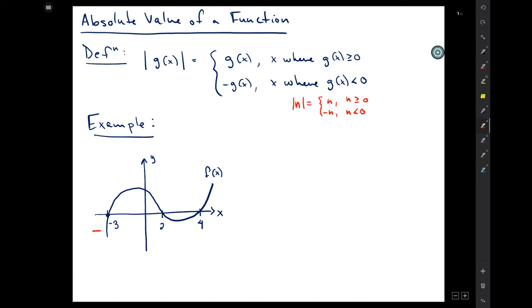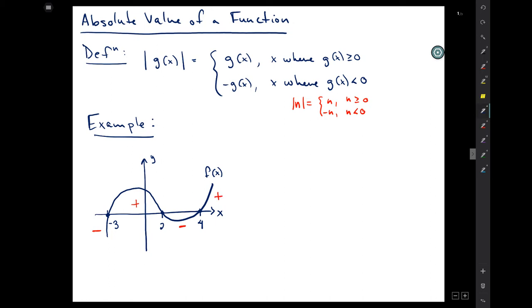Between minus 3 and 2, the value of the function is positive because the y values are above the x-axis. Between 2 and 4, the value of the function is again negative, and from 4 to infinity, the value of the function is positive.